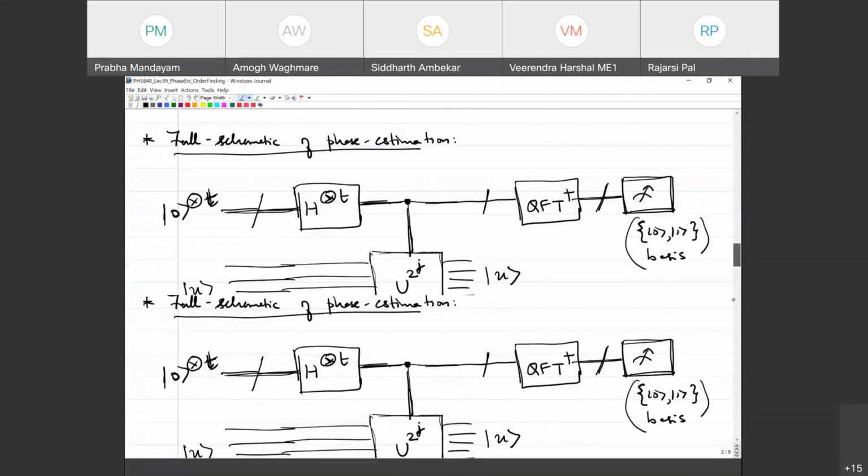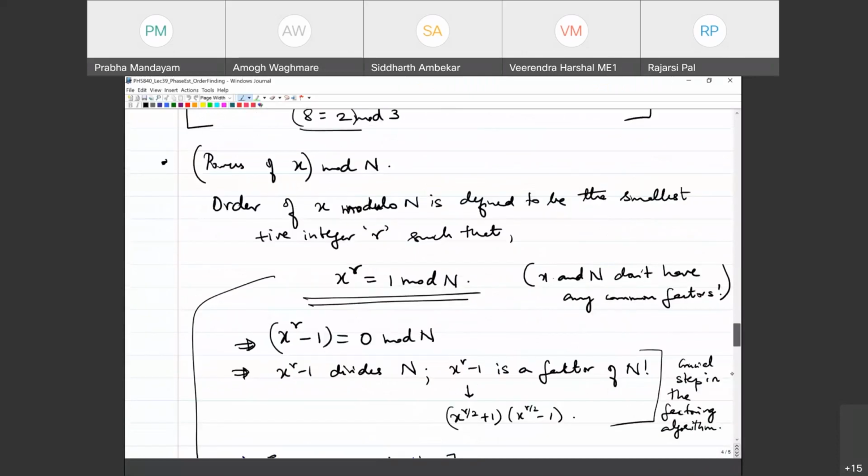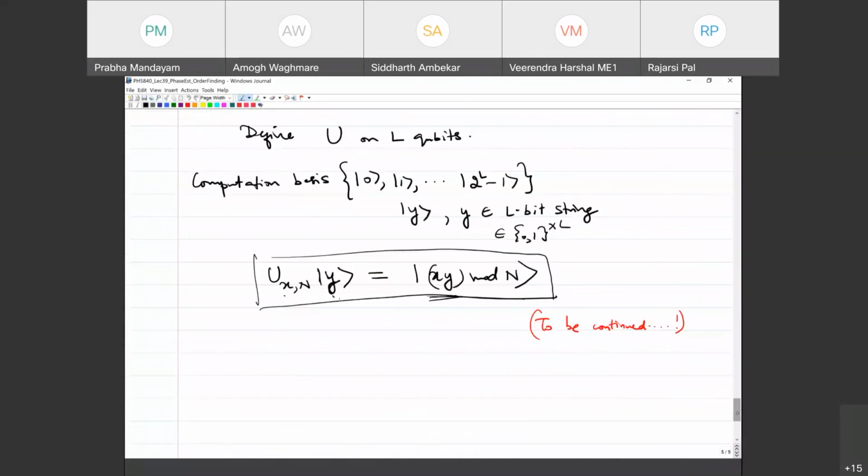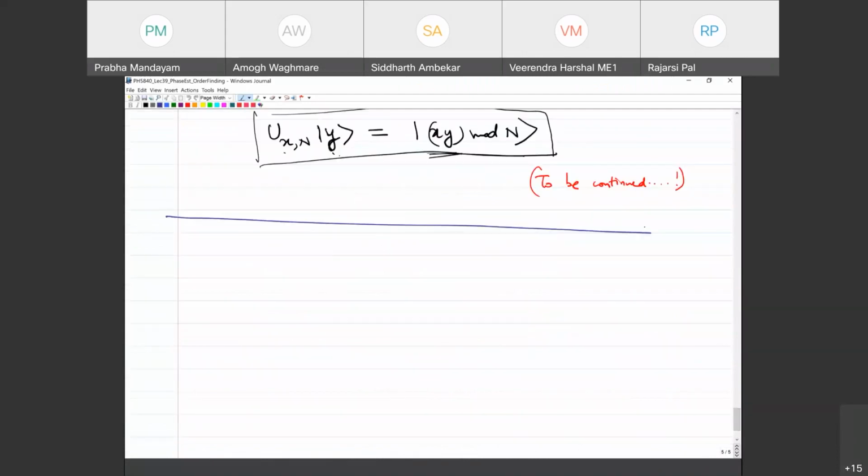Let me just add to this file from yesterday itself. The question was about the performance of the phase estimation algorithm.